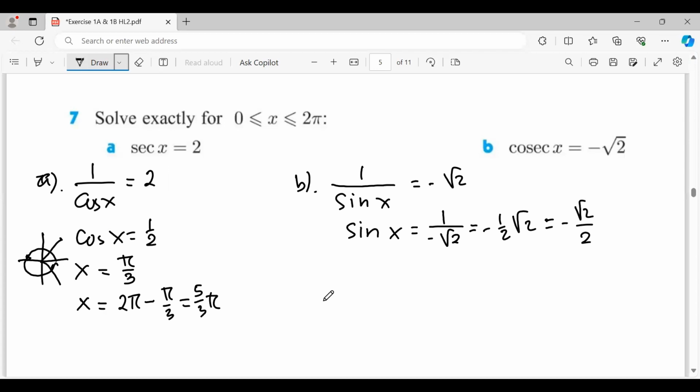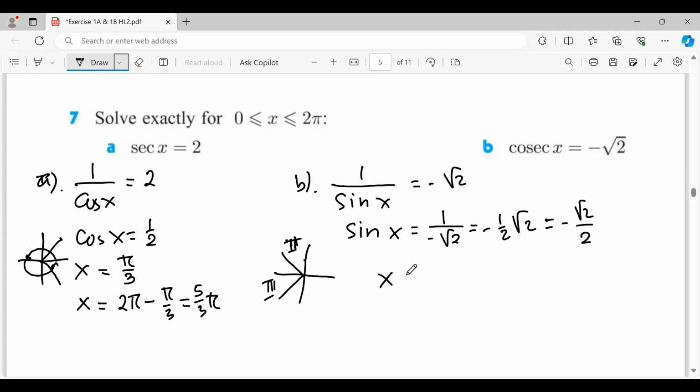Now it's happening in the quadrants with a negative sign, on this quadrant and this quadrant, quadrant 2, sorry, 2 and 3.